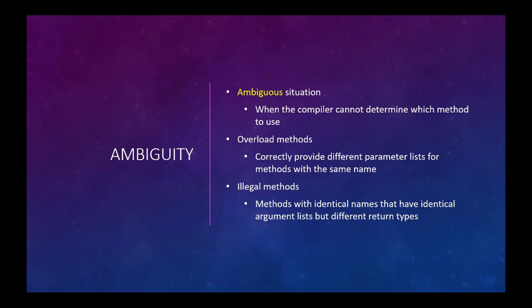If there are identical method names with the same number and type of parameters, it's going to be considered ambiguous and illegal, even if they return a different data type. It's not based on the return of the method, it's based on the parameters being sent to the method. So it's not going to be concerned with that return statement. You could have 2 methods that both take in 2 doubles, but one returns a double, one returns an int. That's illegal. What makes it legal is you change the parameters.